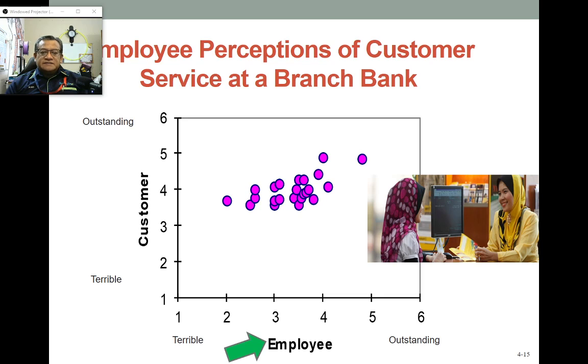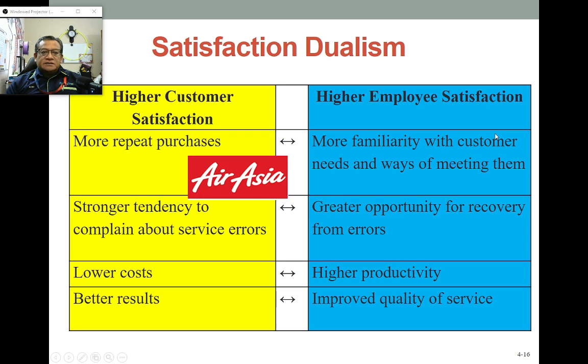So it is interrelated. What the employee feels and says about the organization to the customer, the customer will respectively perceive that the delivered service by the bank is good, positive, and satisfying. Okay, this is how to interpret the chart.